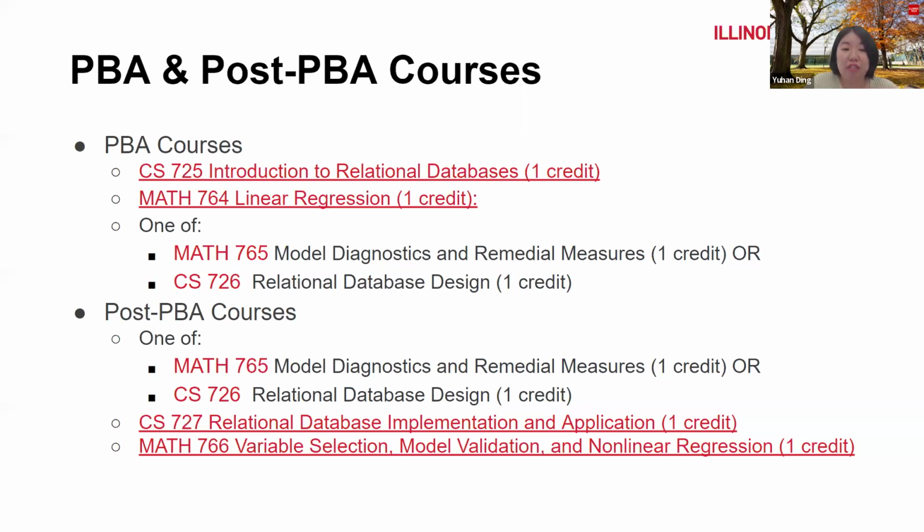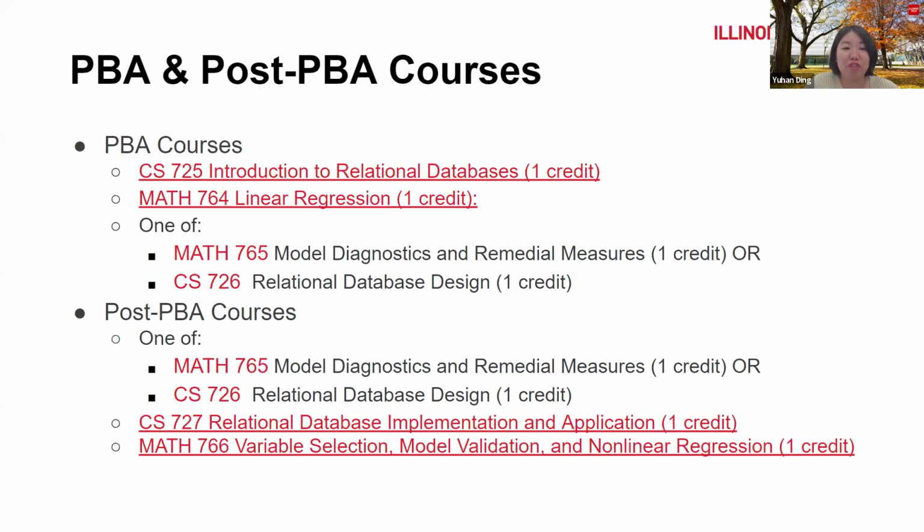So you don't need to take 4 PBA courses, you just need to take 3, but you can choose which one you think is more suitable for you. Then if you pass the PBA courses with a grade of B or above, you can be admitted. But of course, these courses are still required.